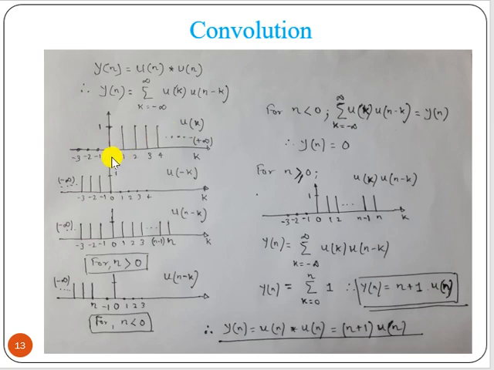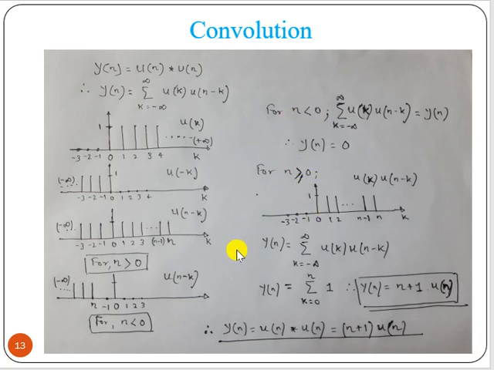For u[k], n greater than or equal to 0 has unity value, and n less than 0 is 0. So 0 into some value gives us 0. And where we have the value 1 here but 0 there, if we multiply that, it will be 0. So the total y[n] is equal to 0 when n is less than 0.